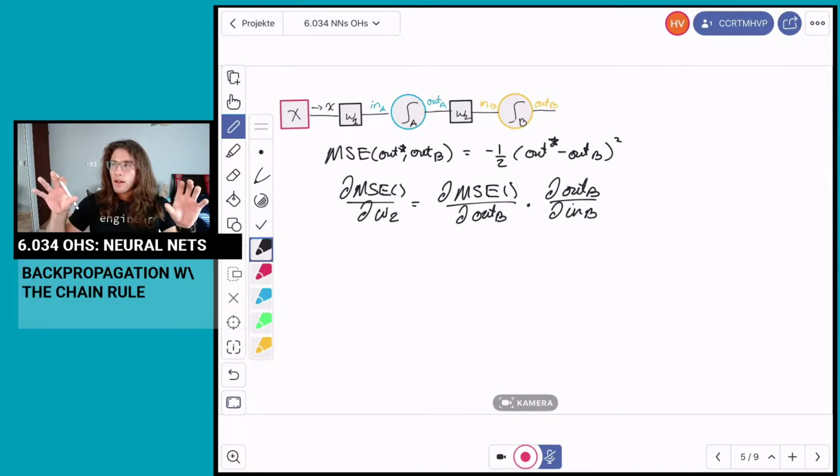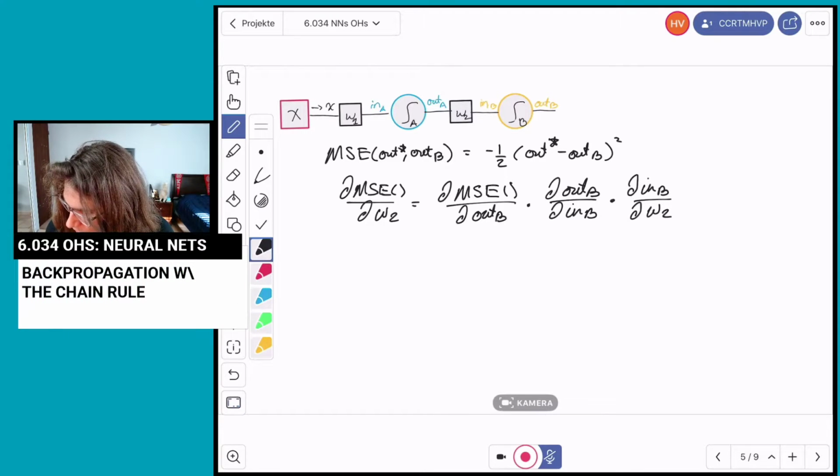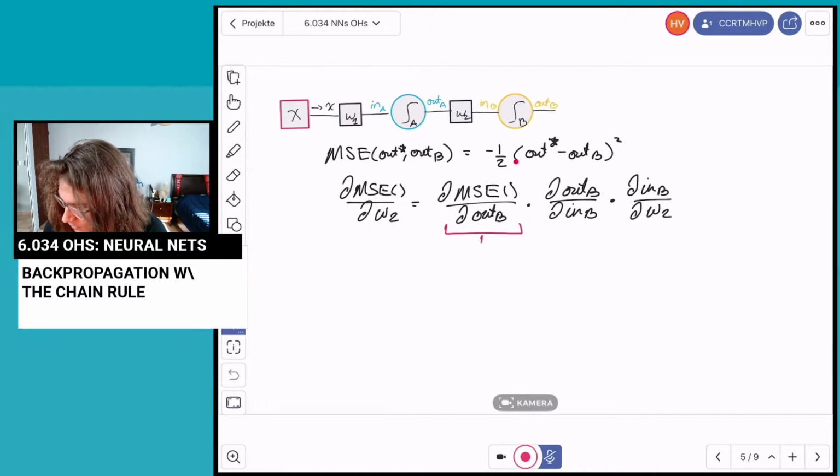So this is going to basically focus on the effect of the threshold function in the final output. So in a way, it's the derivative of the threshold function. Then I need to calculate the derivative of the input to the node B with respect to weight 2. Okay? We can eyeball this one, the derivative of the mean squared error with respect to node B, because we merely have to take the derivative of this equation right above it.